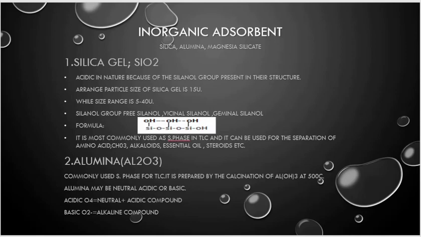The silica gel has three types of silanol groups: free silanol, vicinal silanol and geminal silanol. As we look over here in the formula, the very terminal silicon having a hydroxyl group is our free silanol group, and this one is our vicinal, and the last one having two hydroxyl groups is our geminal silanol.